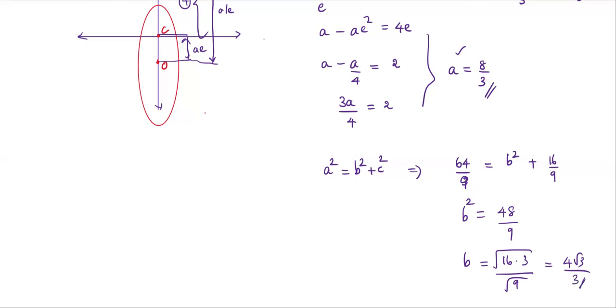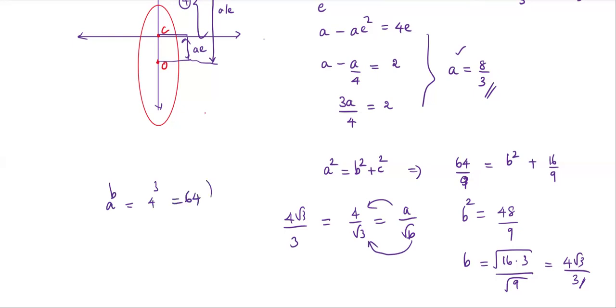We can simplify this: 4 root 3 by 3, if we cancel the root 3's, gives 4 by root 3. In the question, it is given that this is a by root b. What is the value of a? 4. What is the value of b? 3. So they're asking the value of a power b. That is, the answer is 4 power 3, which is 64. So that is the answer for the question.